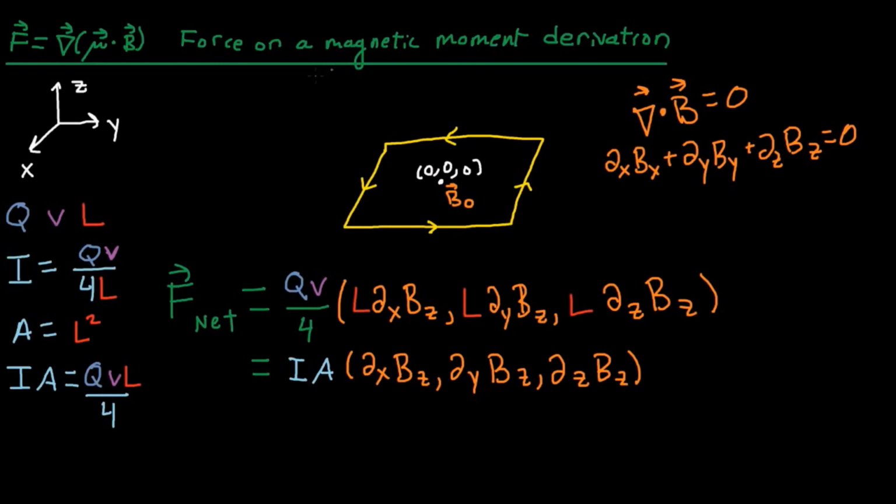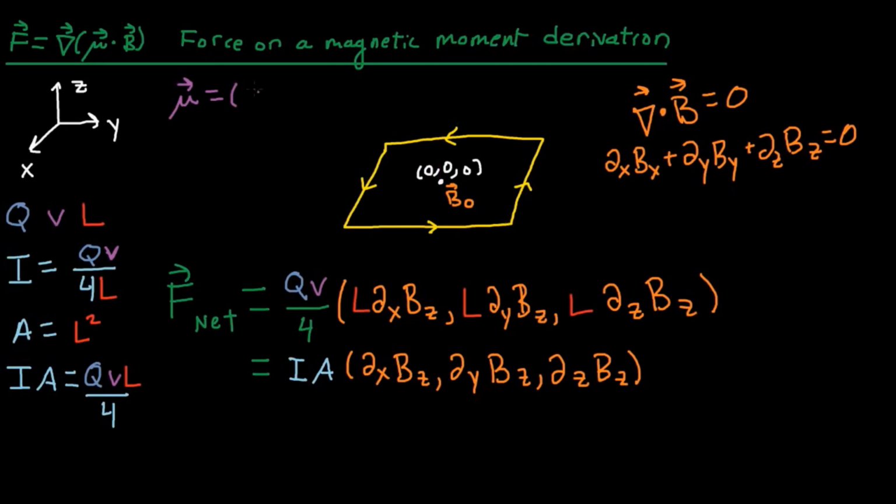Now, the next thing we're going to do to clean this up a little bit more is to remember what our magnetic moment vector is. For a little loop of wire, our magnetic moment vector is going to have the magnitude of the current I times the area A in the direction normal to this loop of wire.